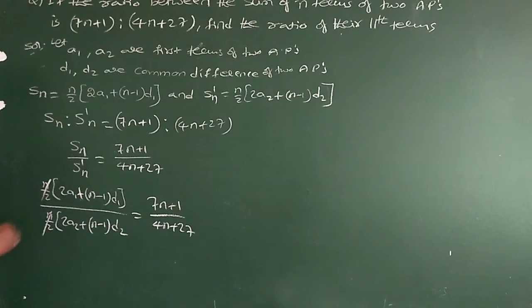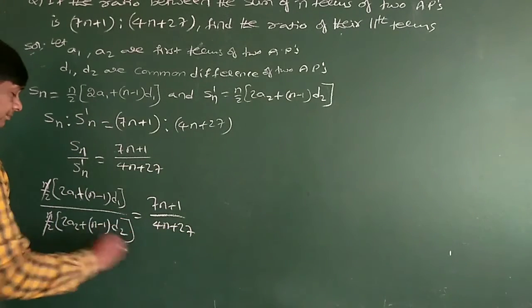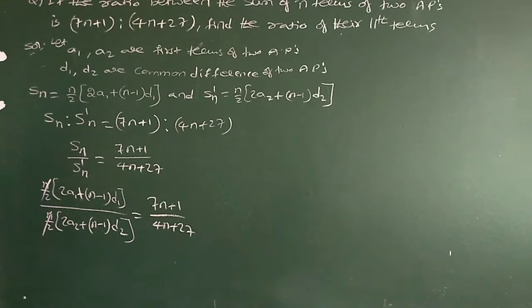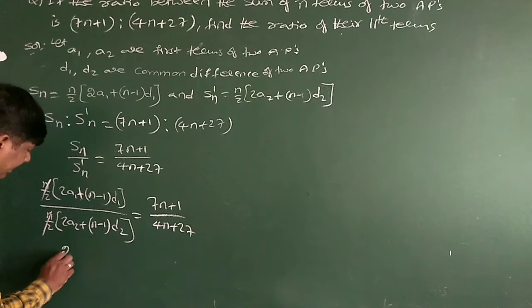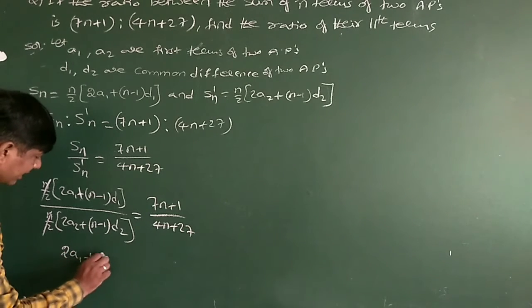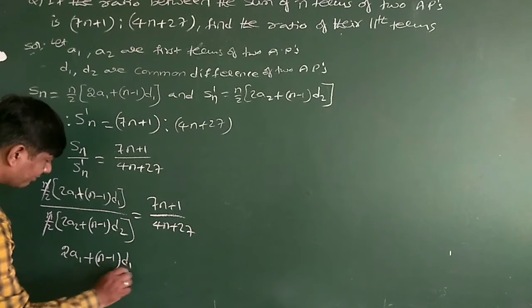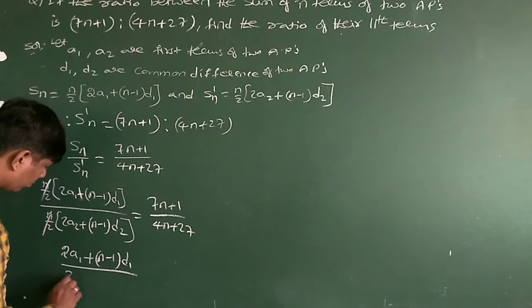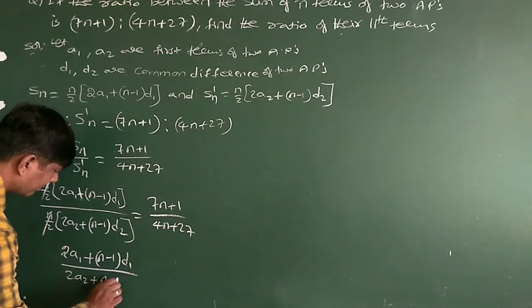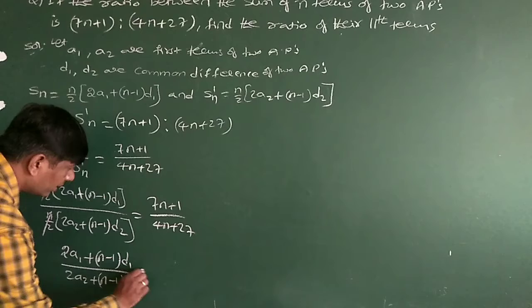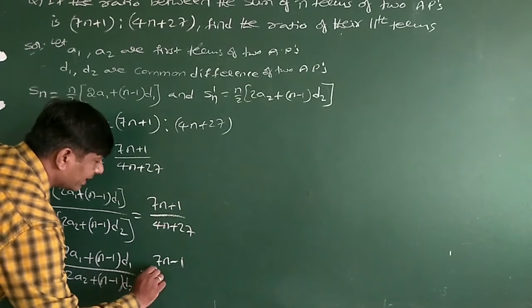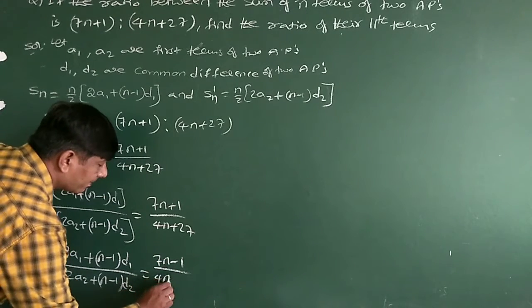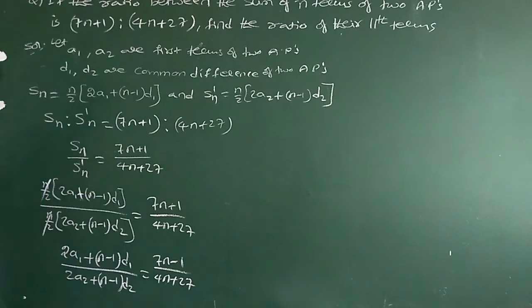The n by 2 cancels. What is left over is 2a1 plus n minus 1 into d1 by 2a2 plus n minus 1 into d2 is equal to 7n plus 1 by 4n plus 27. Is it clear till here? Okay.